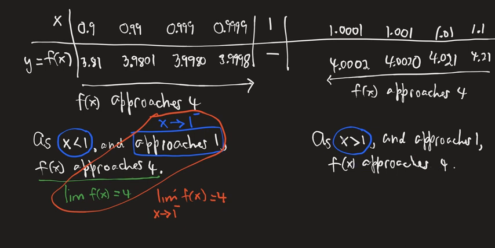So what we need to do is come up with a slightly different notation to indicate what direction we are approaching x equals 1. Is it with values that are smaller than x or greater than x? If they're greater than x, we need to change that minus sign to a plus.